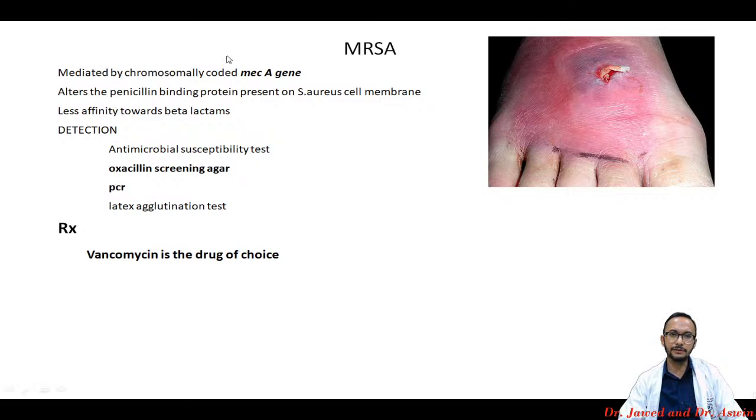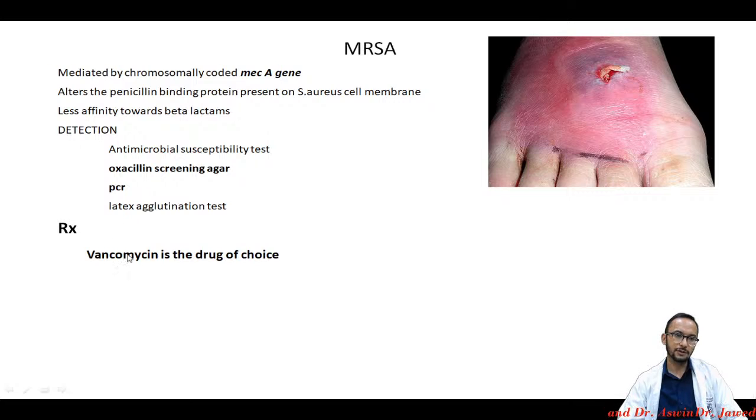MRSA is chromosomally coded by the mecA gene, and because of the presence of this gene, the MRSA organisms are resistant to all the beta-lactam antibiotics, including the cephalosporins, except for the 5th generation cephalosporin. The drug of choice for MRSA is vancomycin.